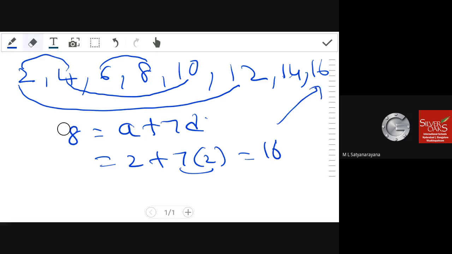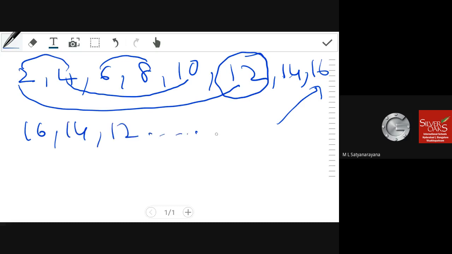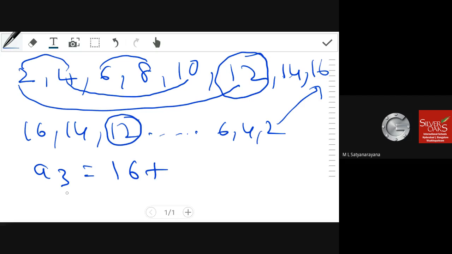Now, if you want to find the third term from the end, the easiest way is to just reverse the series: 16, 14, 12, 6, 4, 2. You want the third term from the end; now you can find the third term directly when you reverse it. So how will you find it? 16 plus, the formula for the third term is 2d, but d will not be 2.